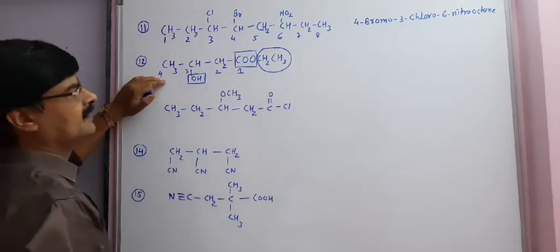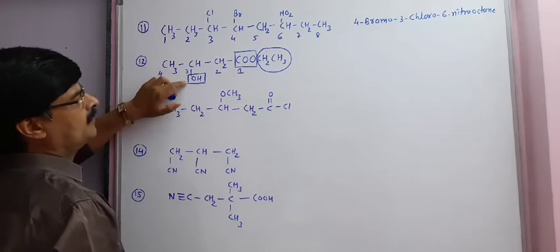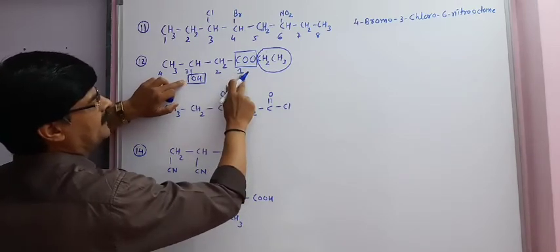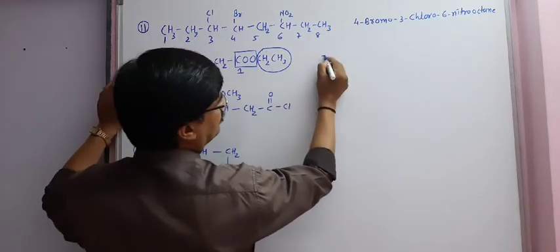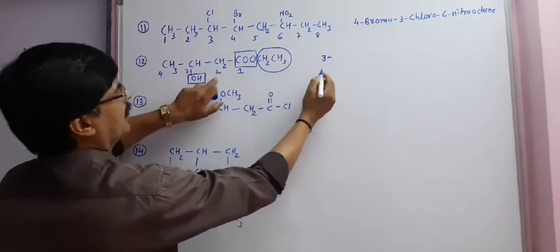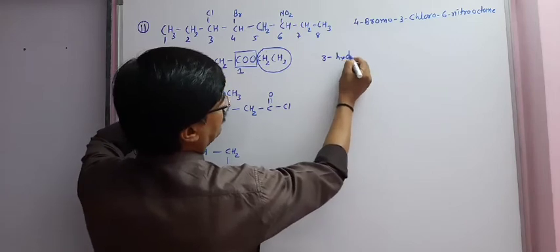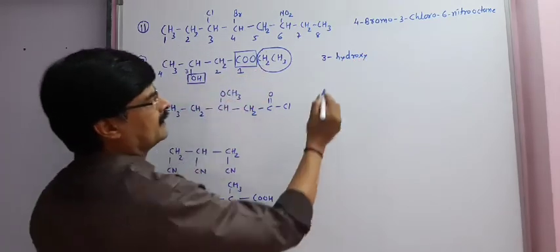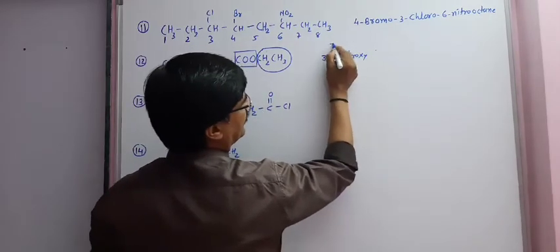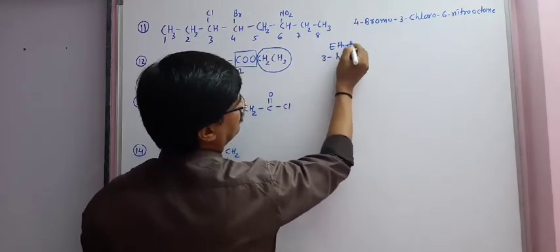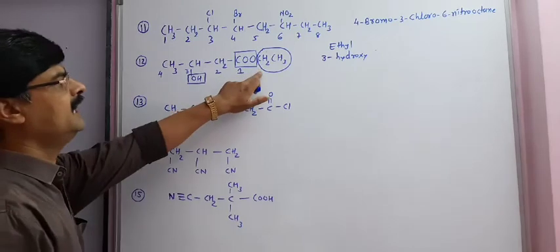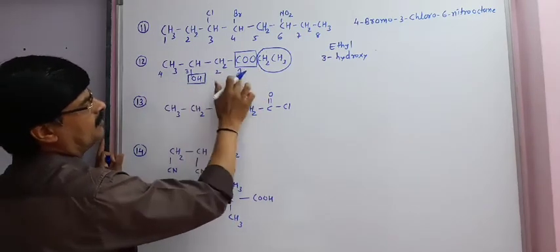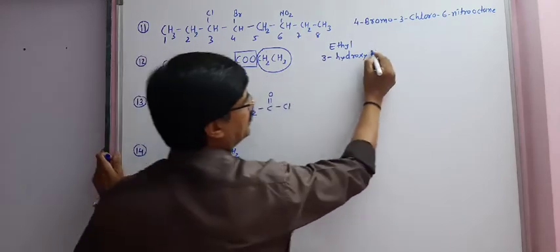This group is an ethyl group, and on the third number carbon we have a hydroxyl group. So if we want to write the IUPAC name, then it will be 3-hydroxy, but an ethyl group is present. So first of all we will write ethyl, 3-hydroxy, and total carbon atoms are 4. That is why butanoate.